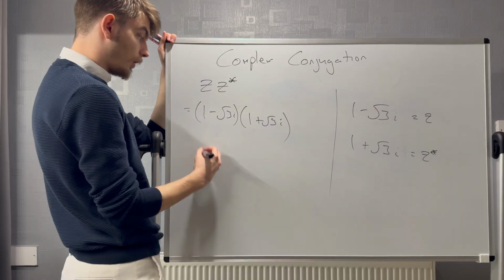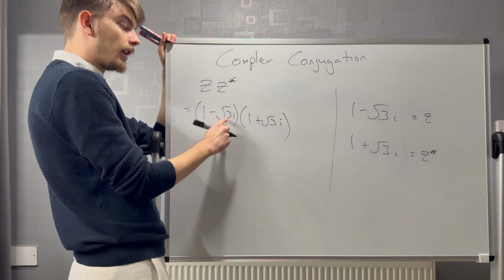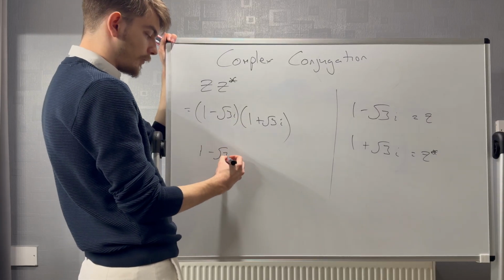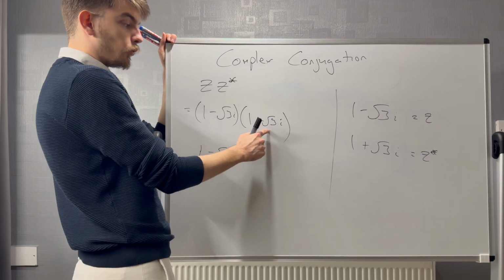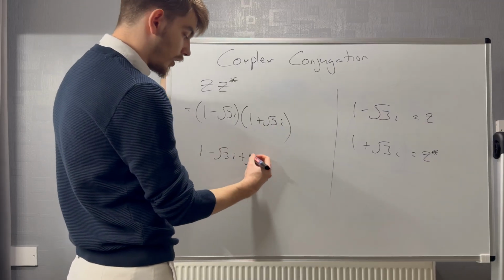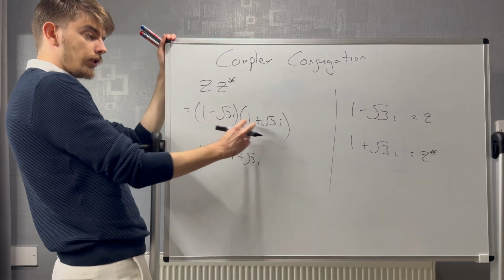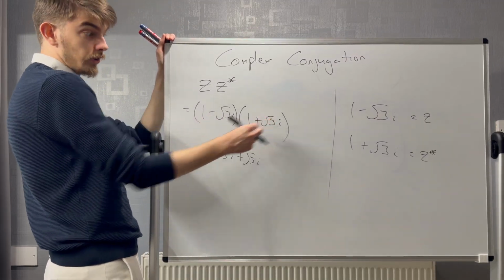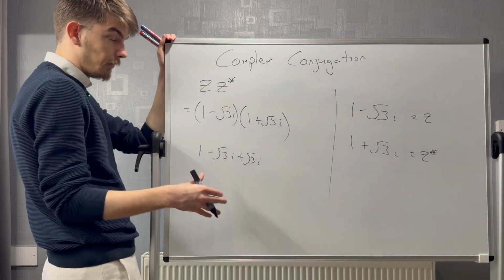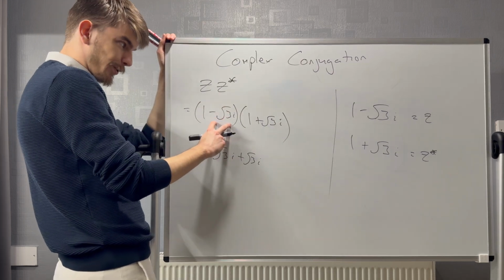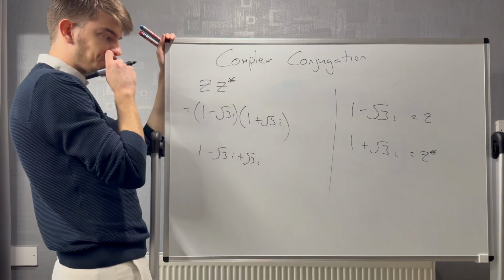So 1 times 1 is 1. Minus root 3 i times 1 is minus root 3 i. Root 3 i times 1 is plus root 3 i. And then I've got minus root 3 i times plus root 3 i.